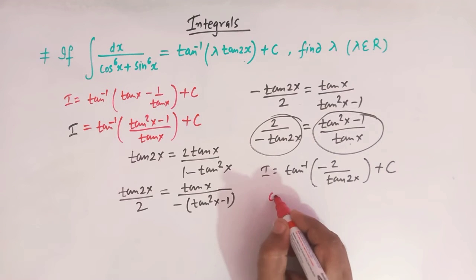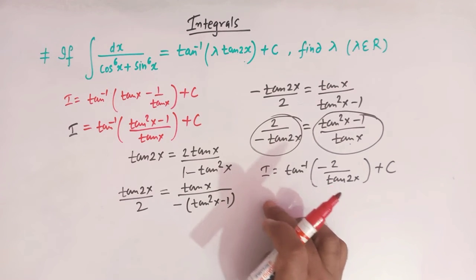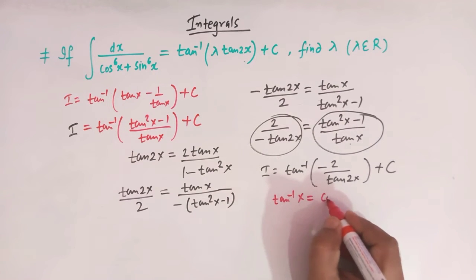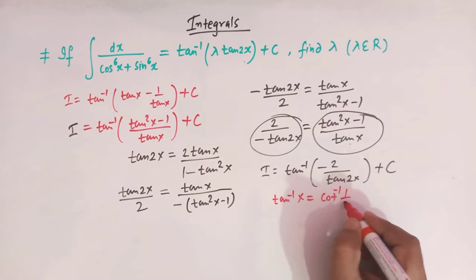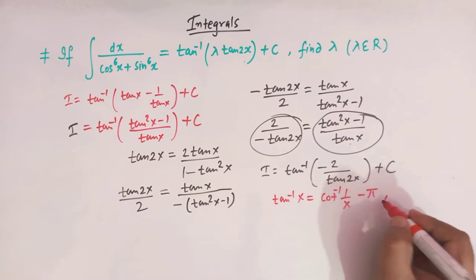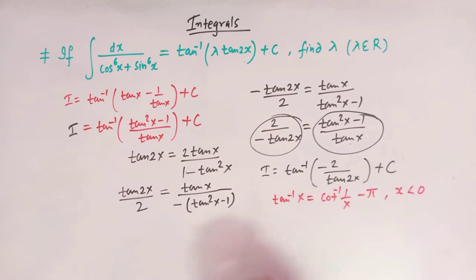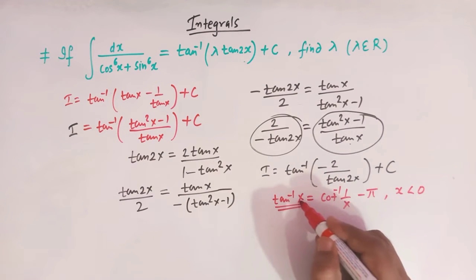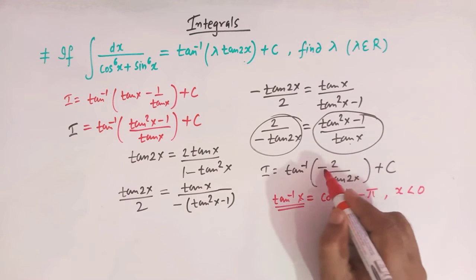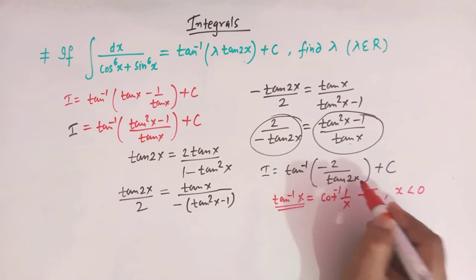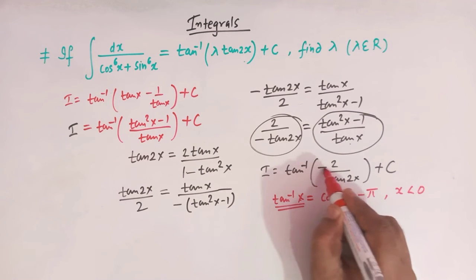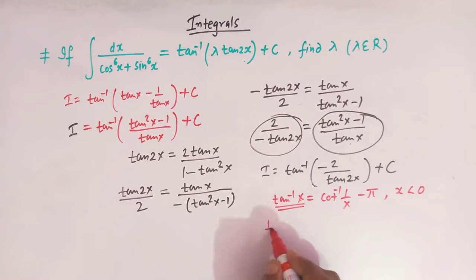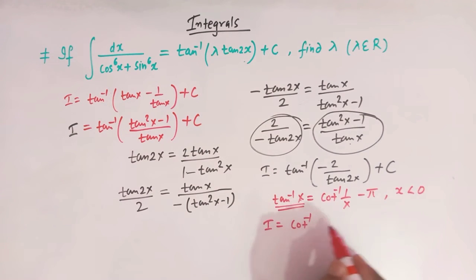So here what we will do, we'll make use of a result, that is tan inverse of x is equal to cot inverse of 1 over x minus pi whenever x is less than 0, right? So here we have tan inverse x. So here for x we have this term, that is minus 2 over tan 2x, and this term having a negative sign, this term is less than 0. So now I can be written as cot inverse 1 over x.